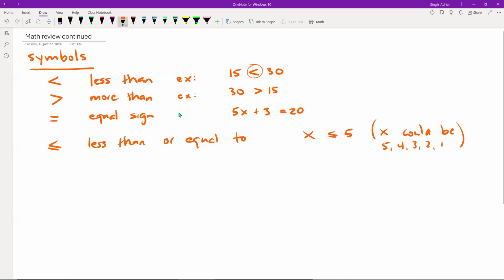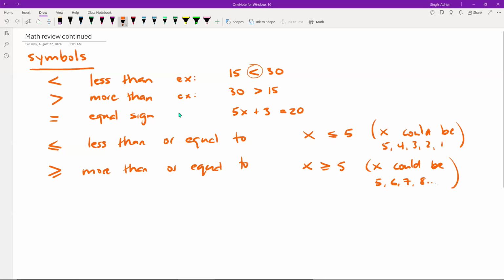Right? And similarly, if you look at the opposite of that, so more than or equal to. So by the same token, x, I'm just making this up, right? So x is more than or equal to 5. So that means x could be values of 5, 6, 7, 8, and I'm just going to say dot, dot, dot, and continue till you run out of numbers, which you never will.